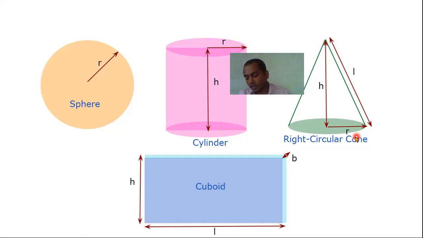When you are dealing with the area of the floor, you have to multiply length, the longer side, and breadth, the shorter side. So length into breadth will give you the area of the floor. Similarly, when you are dealing with the ceiling, there also you have to deal with only length and breadth.